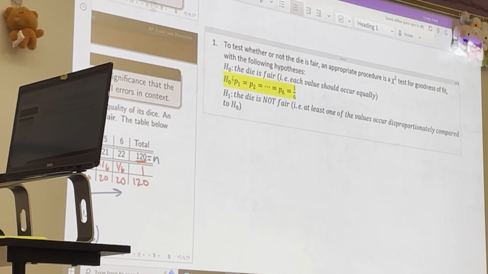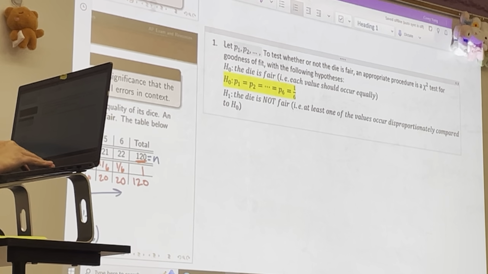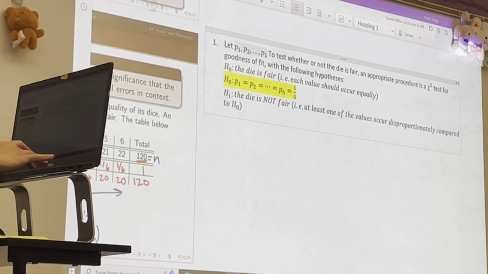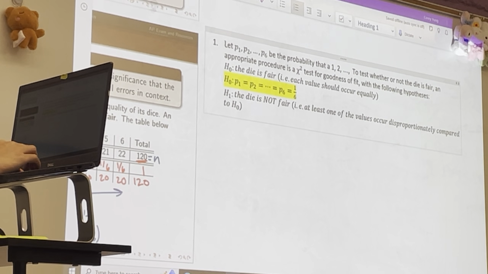So in that case, you do have to go back to the beginning and define P1, P2. So it's up to you. Either way is acceptable, but just make sure that you're covering your bases. So we can say let P1, P2, all the way to P6 be the probability that a 1, 2, ... 6 are rolled, respectively.